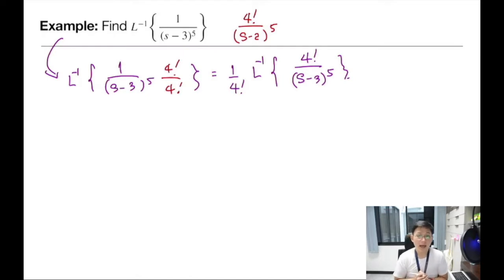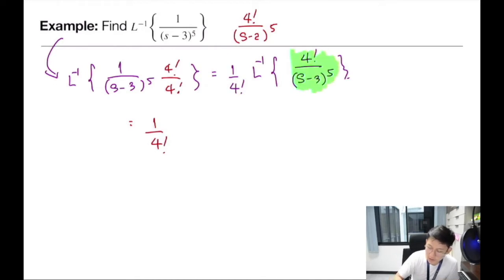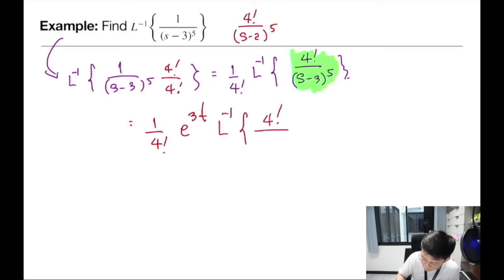And that is the same as 1 over 4 factorial, and this part is e to the 3t times the inverse Laplace transform of 4 factorial divided by s to the 5.